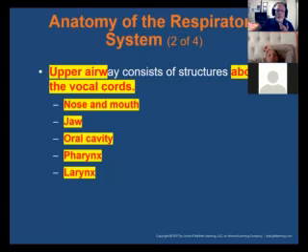That's more prominent in men because testosterone causes greater development of that cartilage and makes that much more prominent.